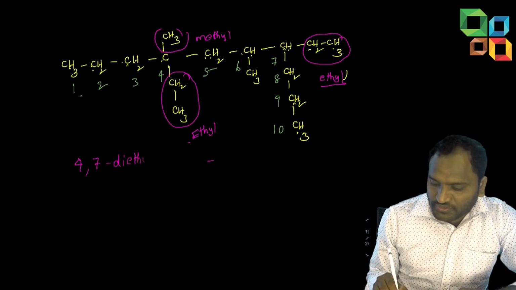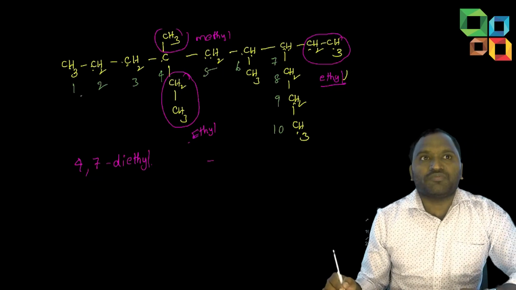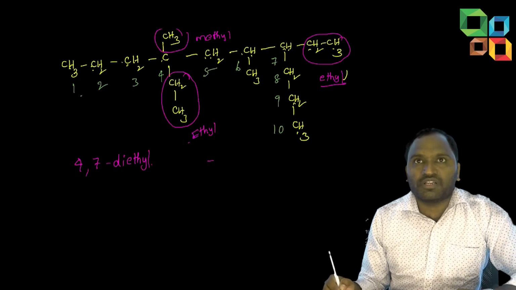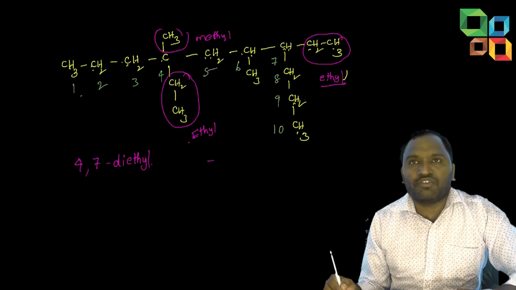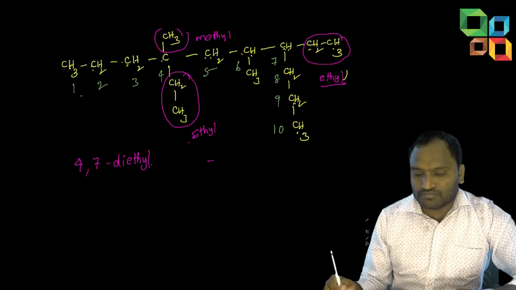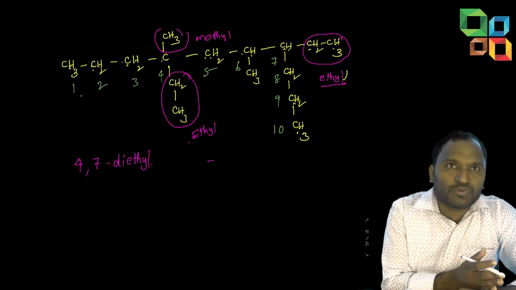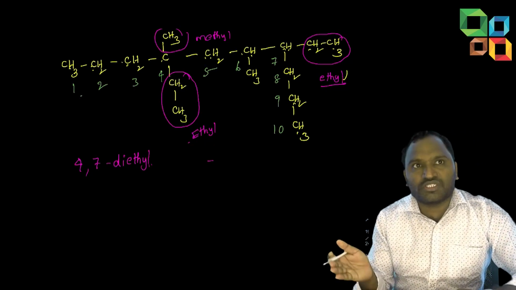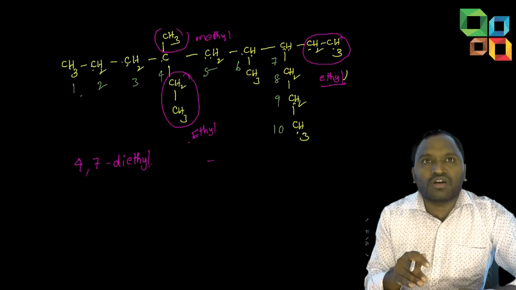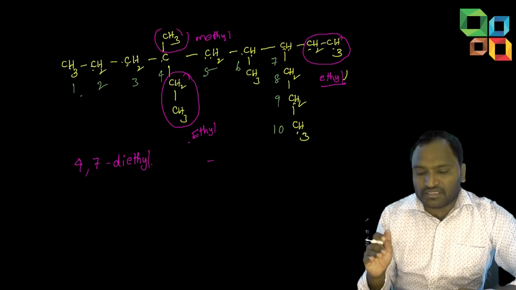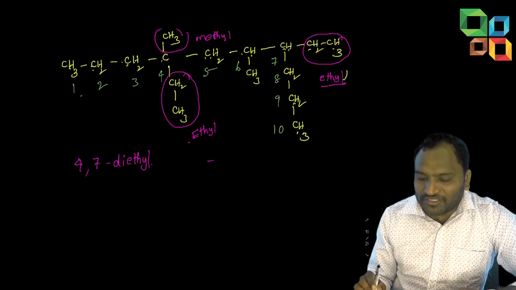If the same substituent repeats, numerical prefix di. If it repeats 2 times, di. If it is repeated 3 times, tri. Understood, students? 4th position ethyl group only. 7th position also ethyl group only. So 4, 7 diethyl.